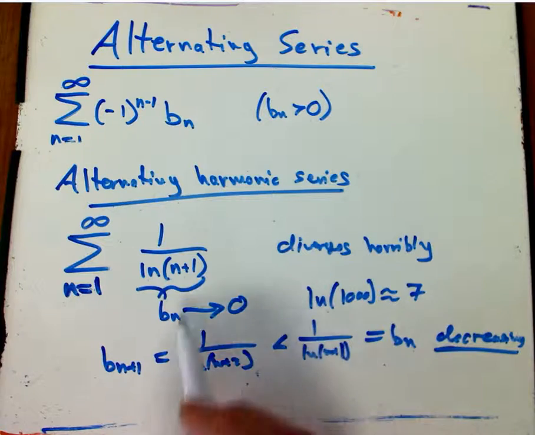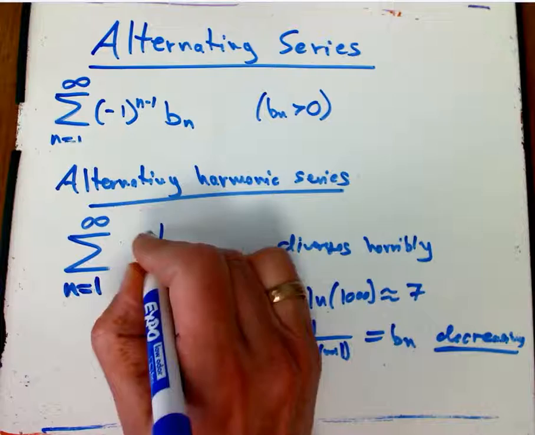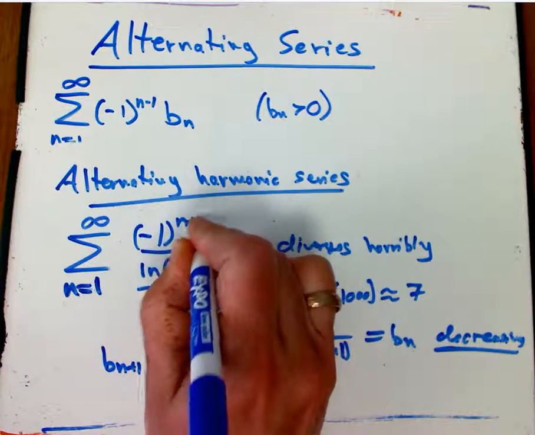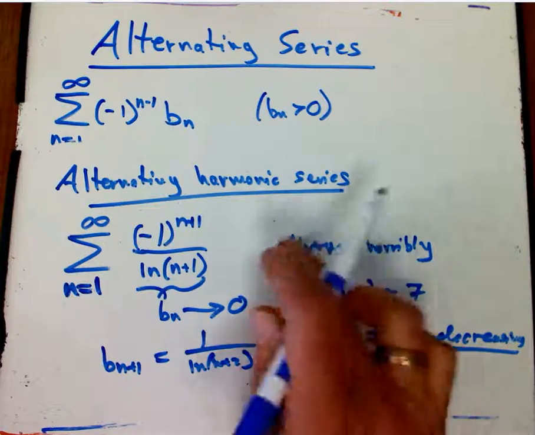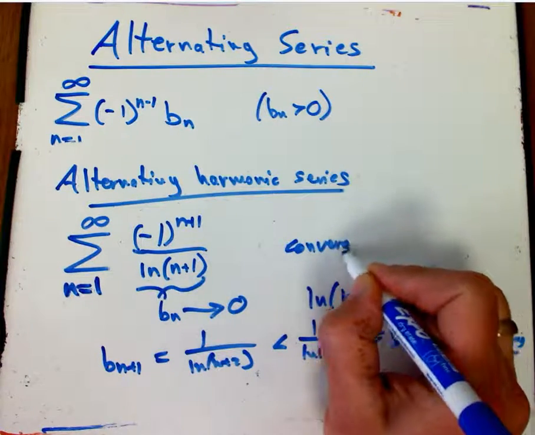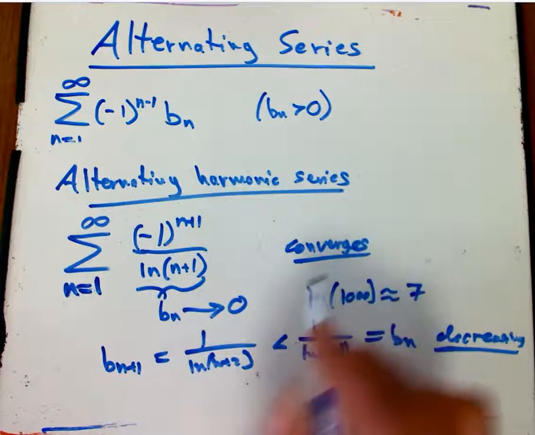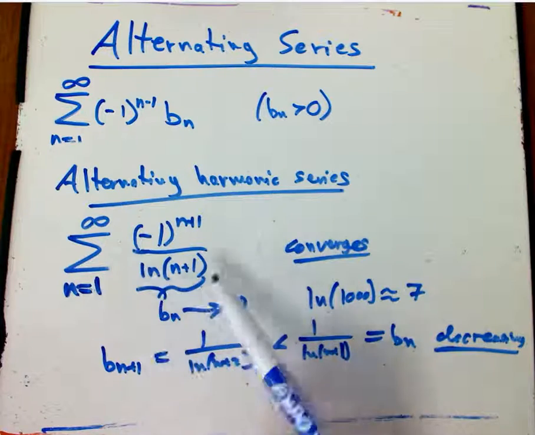Okay, and they're definitely all positive numbers, and they are going to 0, and so if I alternate them, it actually is going to converge. Okay, so this one converges, and that's a big difference. It was not even trying, and now it actually does converge when you put in the alternation.